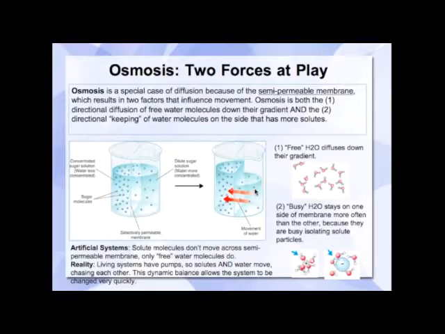How is it possible that water will stay in this uneven state, though it can freely pass back and forth between this membrane? Well, the reason is because osmosis has two forces at play. The first force is water molecules will want to go from a side that has a lot of it to a side that has less of it, that is from right to left.